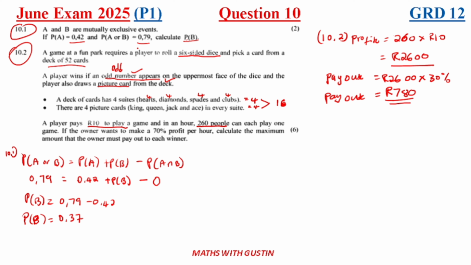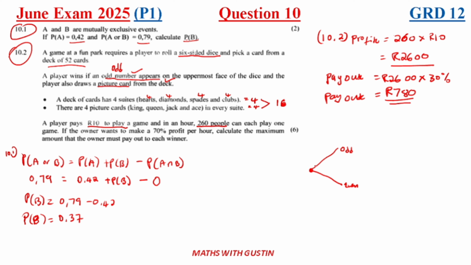Because now it says here, the winners must have what? An odd number and draw a picture card from the deck. So now this is giving me something like a tree diagram, right? If you throw a die, you can either get an odd or an even number.